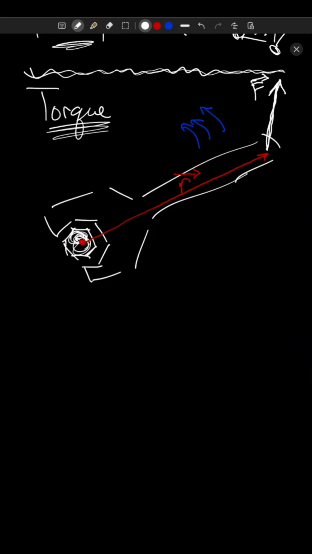Because this wrench is rotating about this center point, the part of the force that actually matters is the part which is perpendicular to R. Sorry, in that direction.